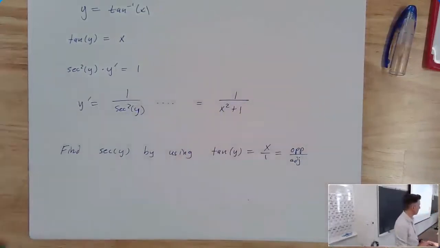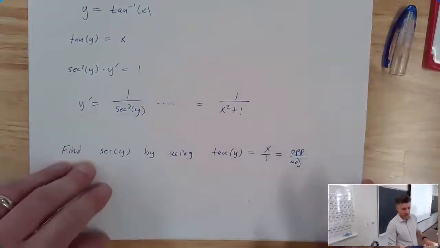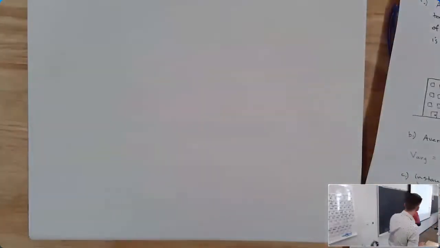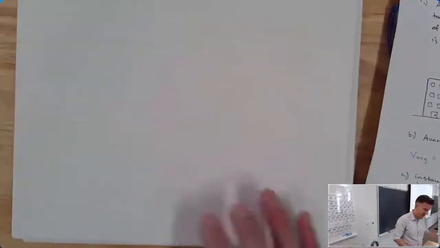Kind of neat. Okay, so I feel like I'm kind of rushing. The other thing we wanted to talk about a little bit was some examples of motion. So let's say we've got the following situation.